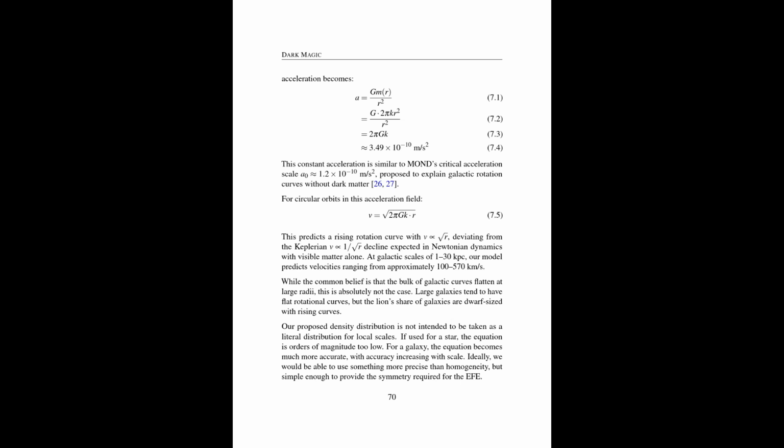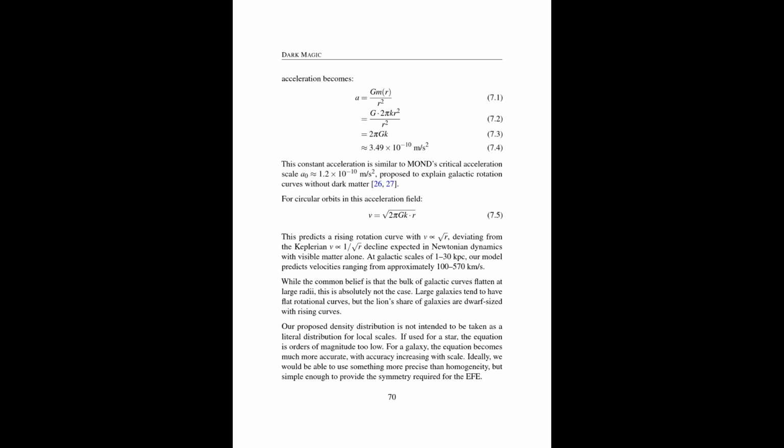This constant acceleration is similar to MOND's critical acceleration scale of 1.2 times 10 to the negative 10 meters per second squared, which was proposed to explain galactic rotation curves without dark matter. For circular orbits in this acceleration field, v equals the square root of 2 pi G k r.